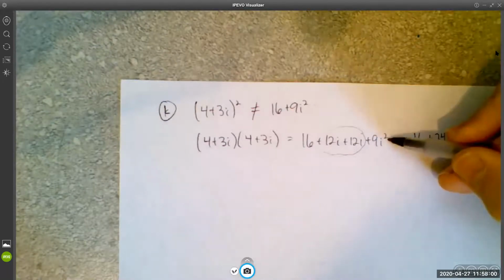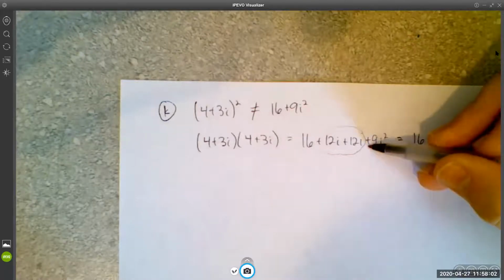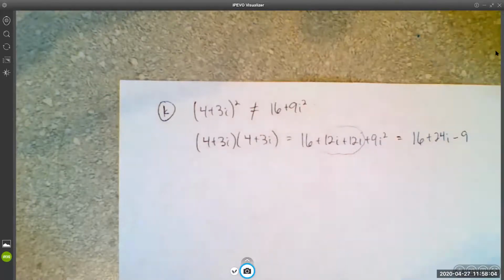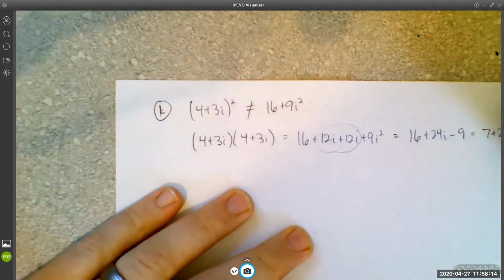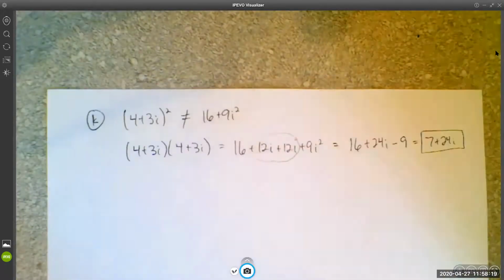I'm just going to go ahead and say the i squared is going to change this sign, whatever it is, right? So 16 plus 24i minus 9. 16 minus 9 is 7, so 7 plus 24i. Okay, and that's how that works. So whenever you multiply, you FOIL.